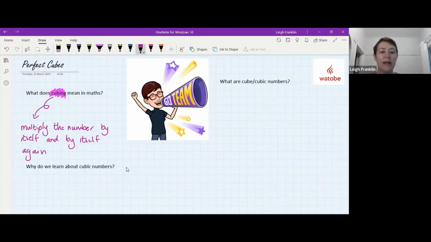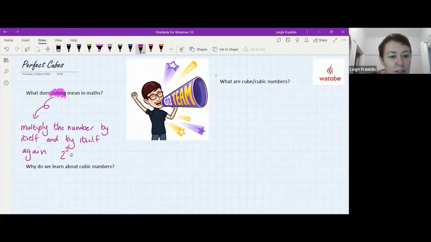If we take a number like 2, for example, and I decide that I want to cube 2, I would write 2 cubed as 2 to the power of 3, because the exponent tells me how many times to multiply the base 2 by itself.